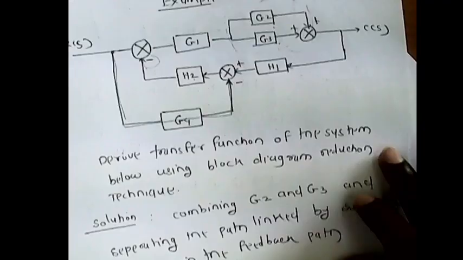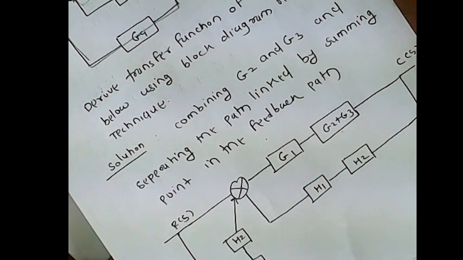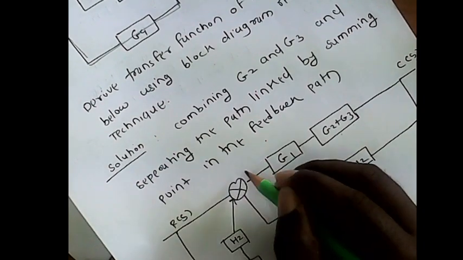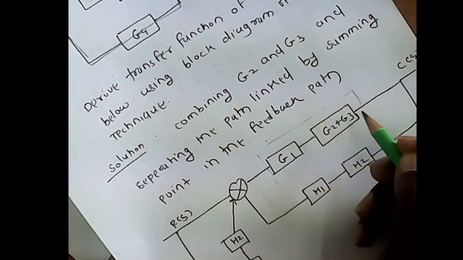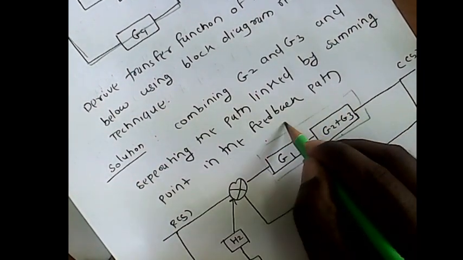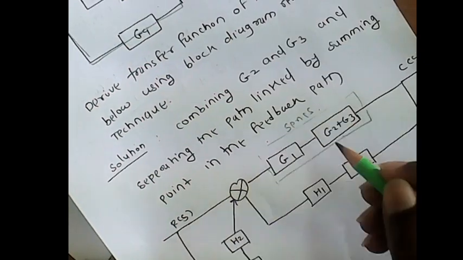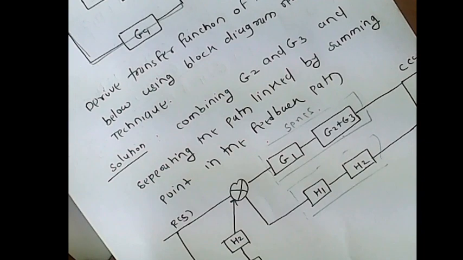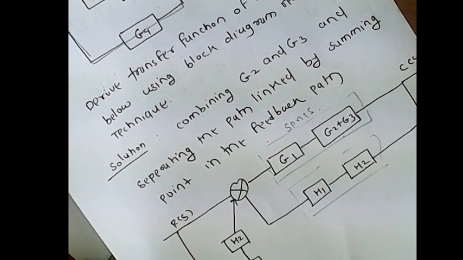The blocks G1, G2 and G3 are in series. When blocks are in series, they are multiplied with each other, and these blocks are also in series, so we can combine into one.